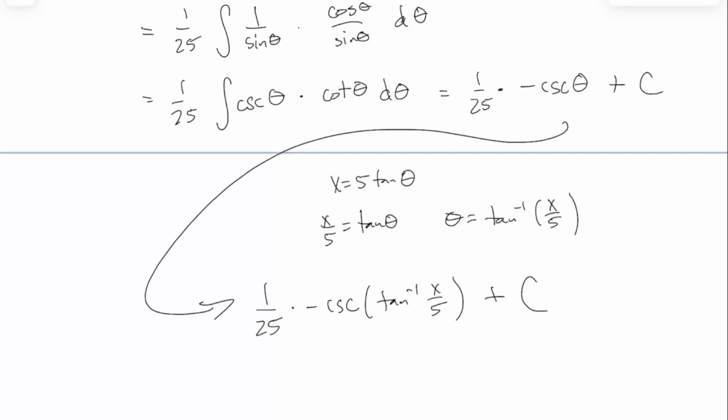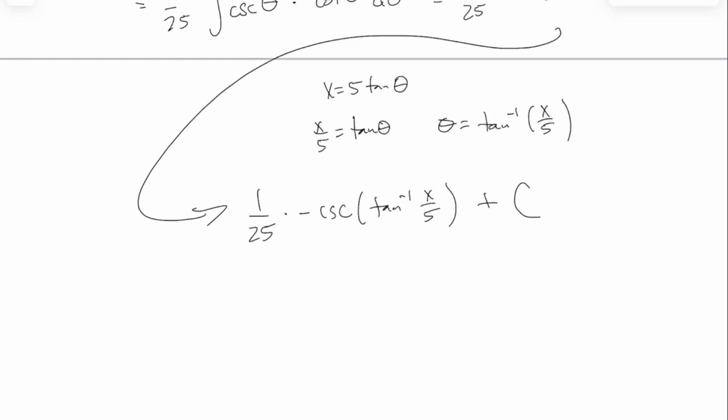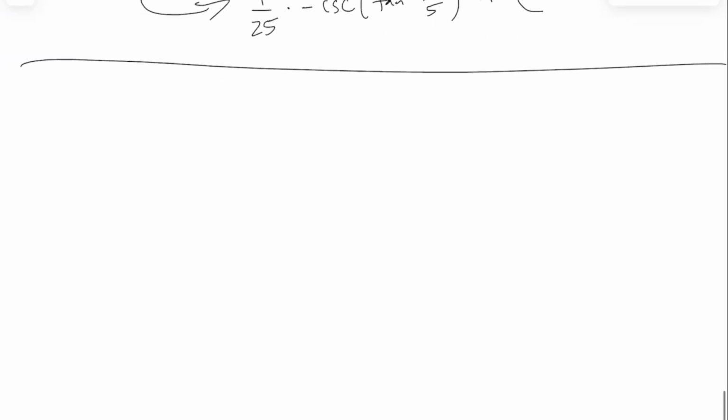All right, I got one for you all to try. We got 20 minutes left. Certainly that will be enough time to try one all together. If you dare, let's try the integral x square root 4 minus x squared.